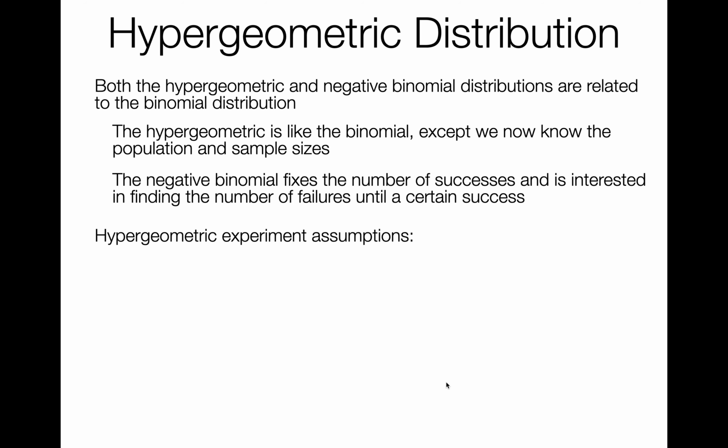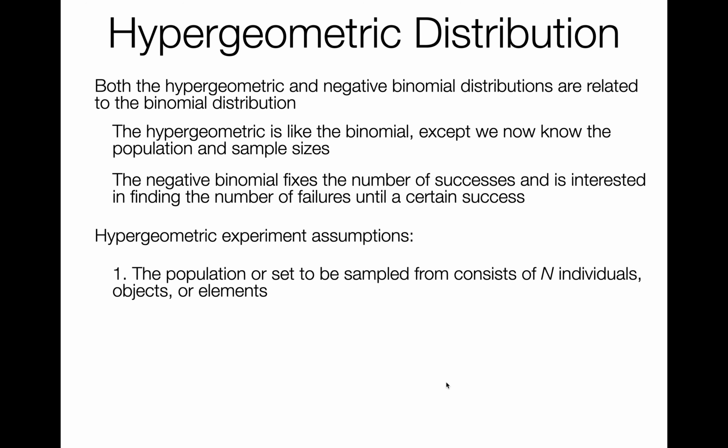Okay. Now we're going to start with the hypergeometric distribution and its assumptions. The assumptions are that the population, or set to be sampled from, consists of capital N individuals, objects, or elements.